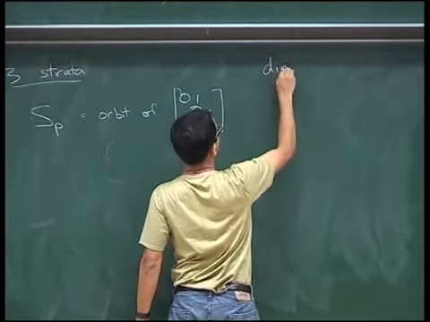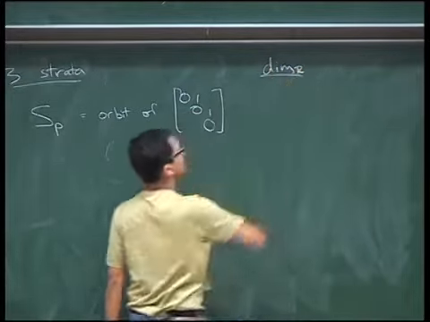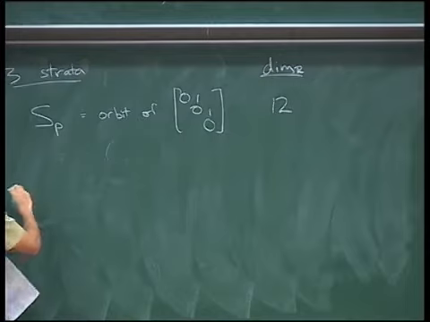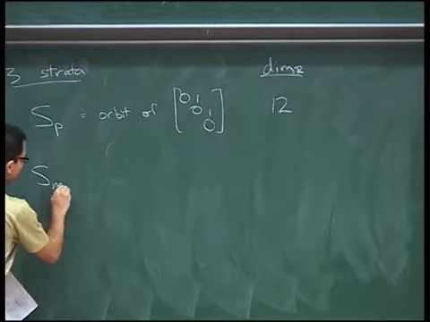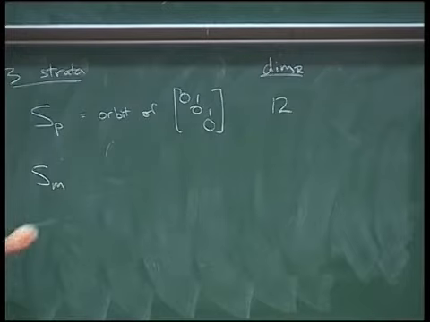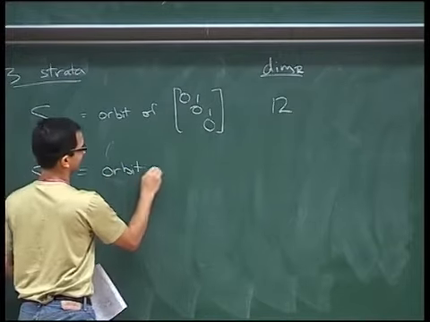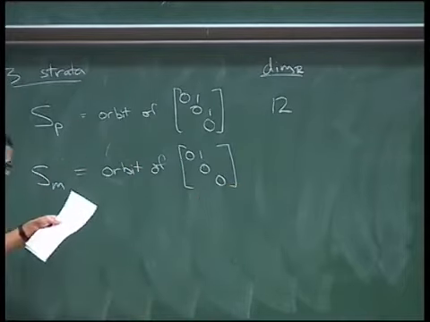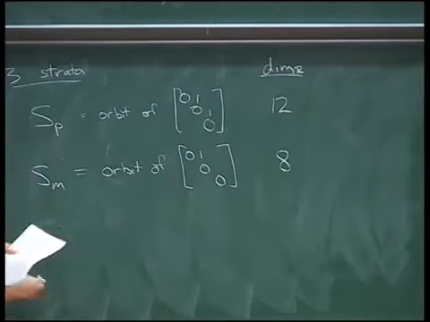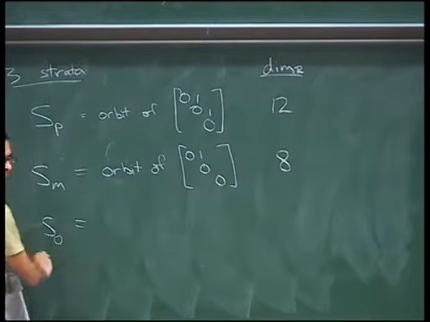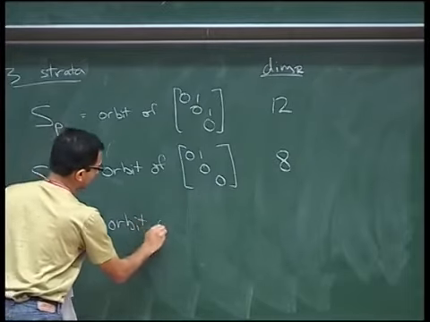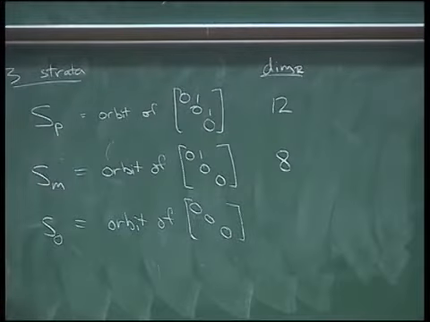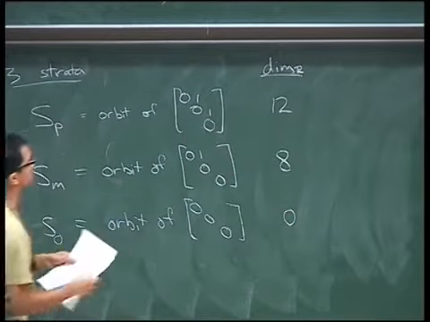I'll record the dimensions of these also, and these are real dimensions, so if you're used to seeing half these numbers, don't get worried. Then the next one I'm going to call SM for middle. This is the orbit of this matrix, and its dimension is 8. And then the last one is a singleton. It's just a single point, which is the 0 matrix, and its dimension is 0.